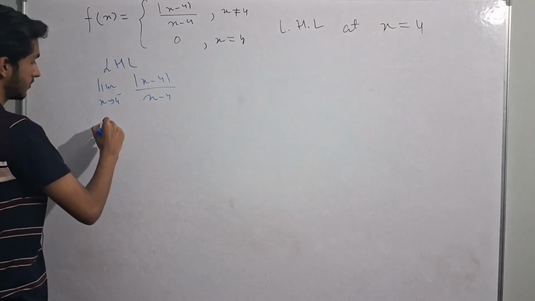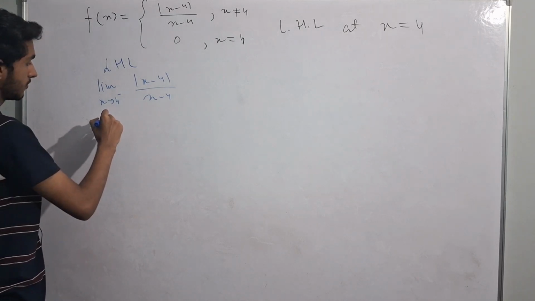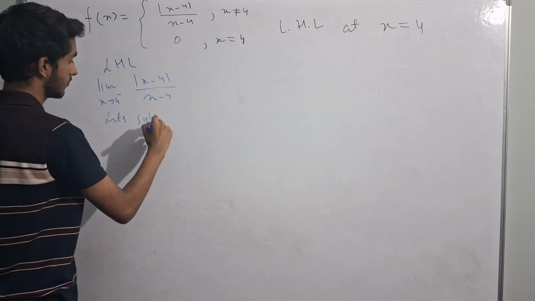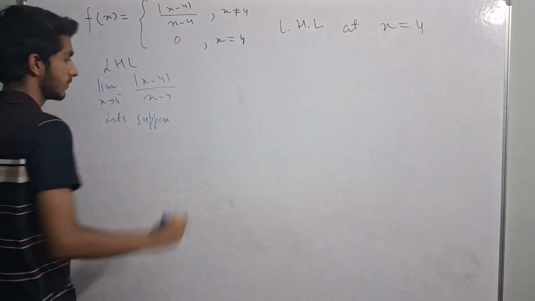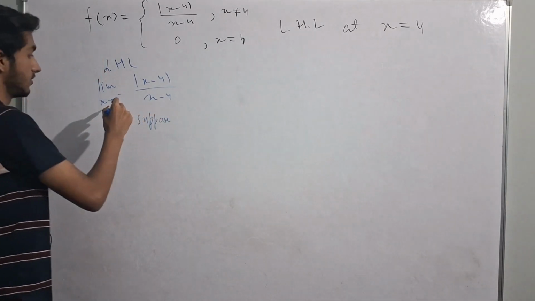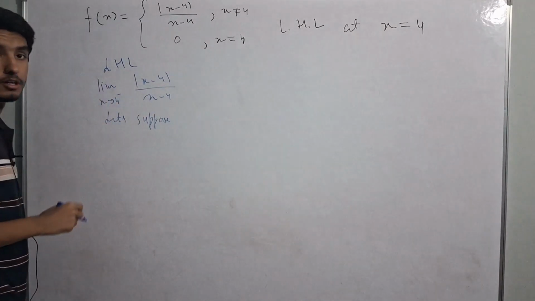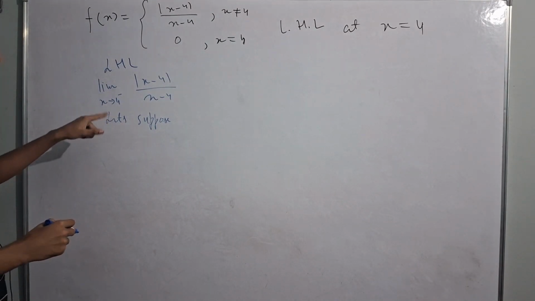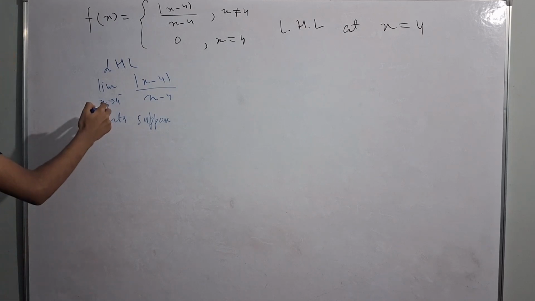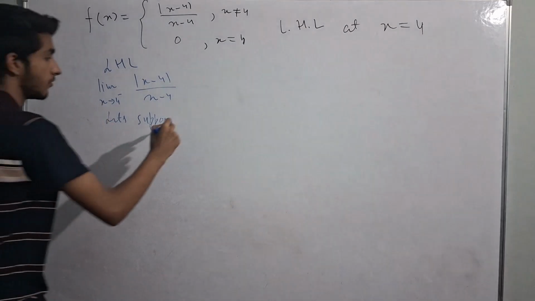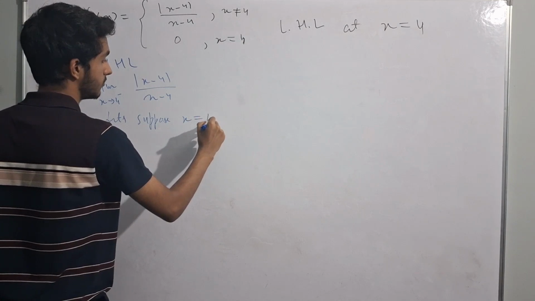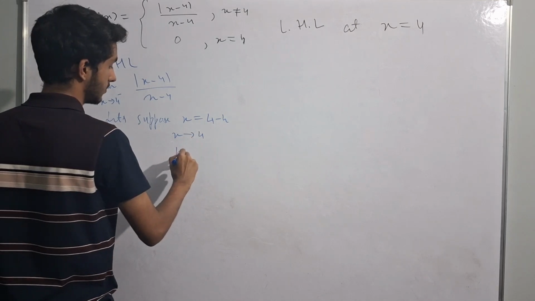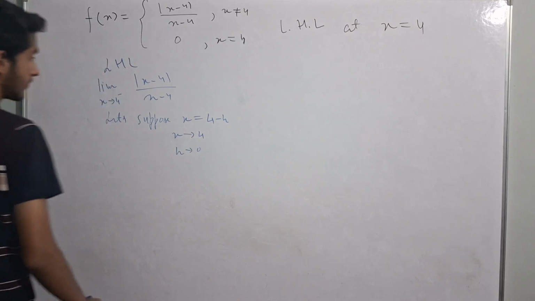Let's suppose, as we are dealing with the left hand limit, that x is tending towards 4 negative, so x is smaller than 4. So we'll let x be equal to 4 minus h. So when x approaches 4, h approaches 0.